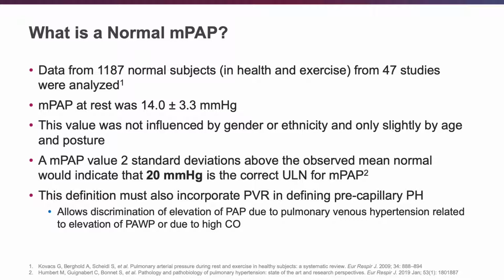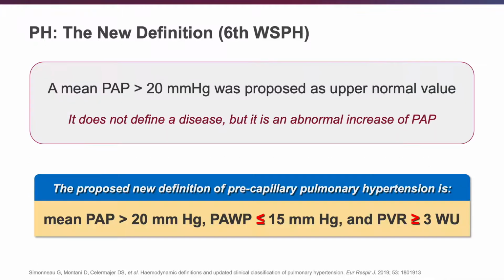But we also included, to have a true definition of precapillary disease, or what fits in pulmonary arterial hypertension, you must also have low left-sided filling pressures by a normal wedge and evidence of pulmonary vascular change by high pulmonary vascular resistance. So again, new definitions, changes.